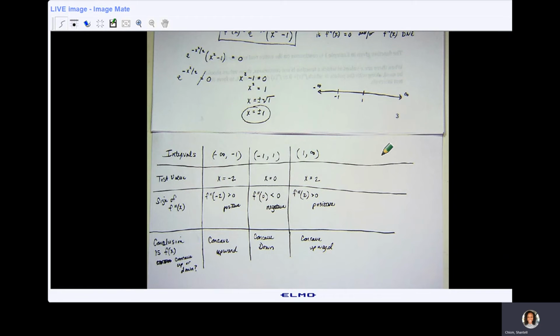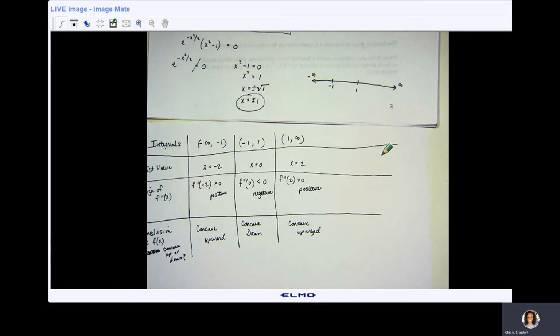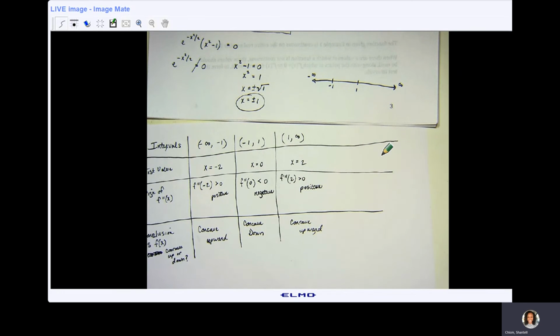All right, let's see what else we have here. I think I'm going to look at my second example, and then we'll go look at some homework problems. The homework problems aren't terrible. My second example is very much like number 6.